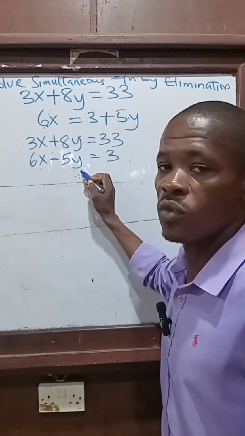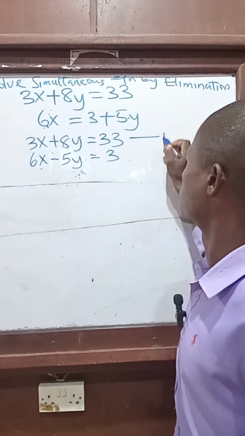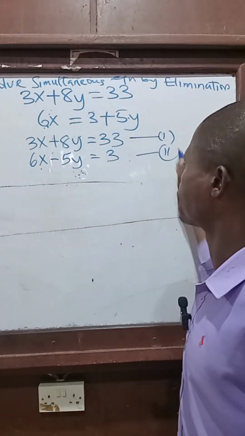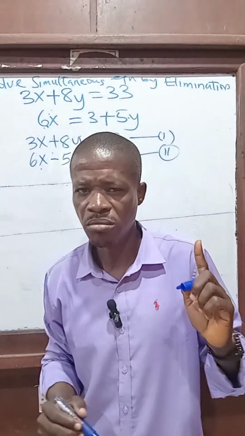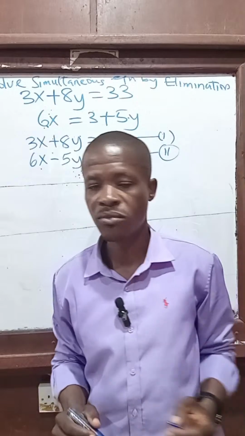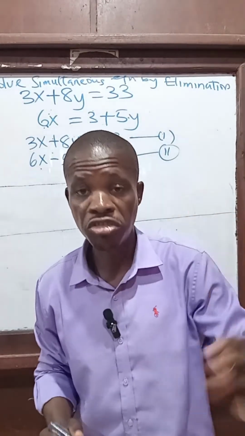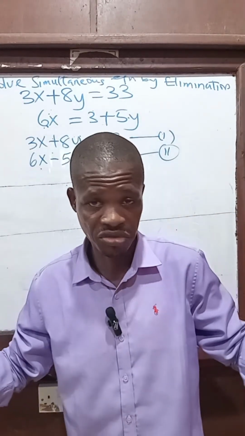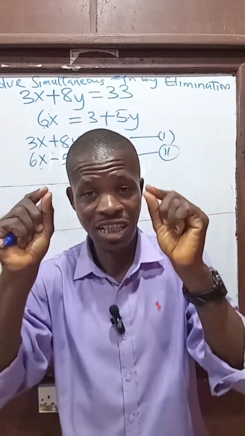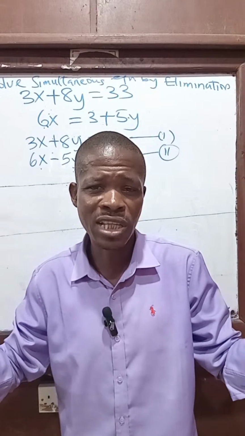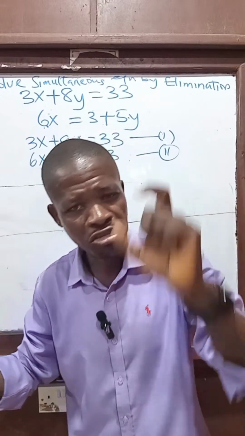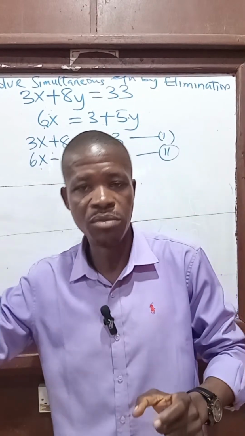So the first equation we have 3x and 8y, and the second equation we have 6x and 5y. Call this one equation 1, call this one equation 2. The meaning of the elimination method is this: you need to destroy one of the variables to get the other variable.